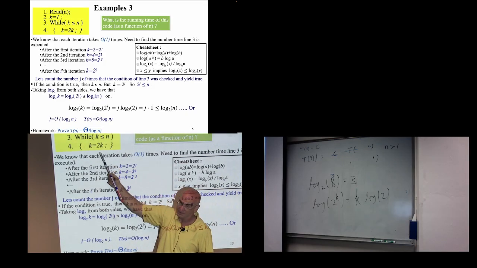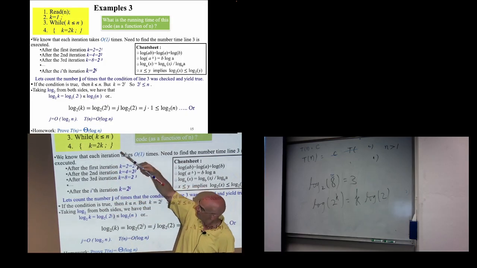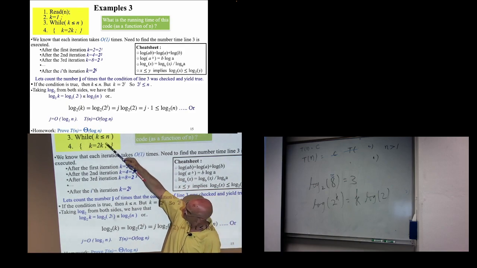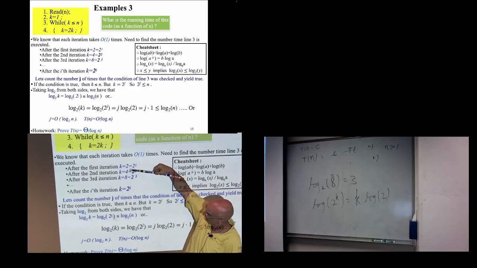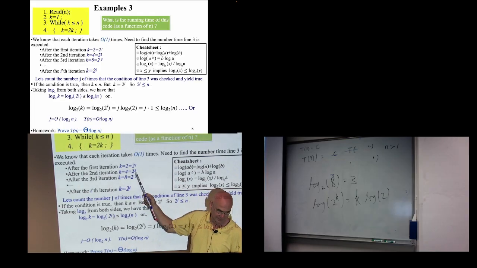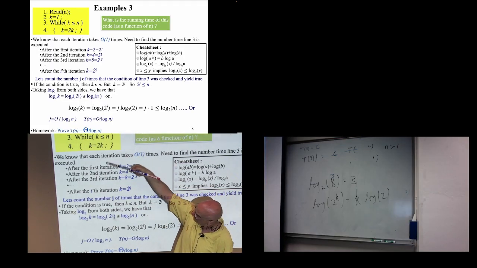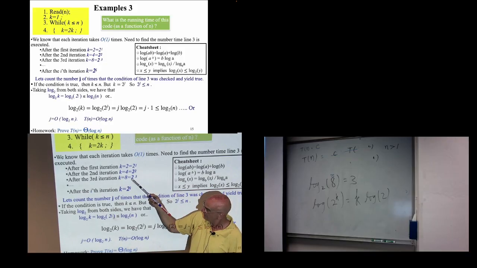After one pass through this loop. Another pass through this loop, k is still smaller than n, k equals 2 times k, so k equals 2 times 2, which is 4. Another iteration, after the third iteration, k is 8, which I'll methodically write as 2 to the power 3 for a reason.